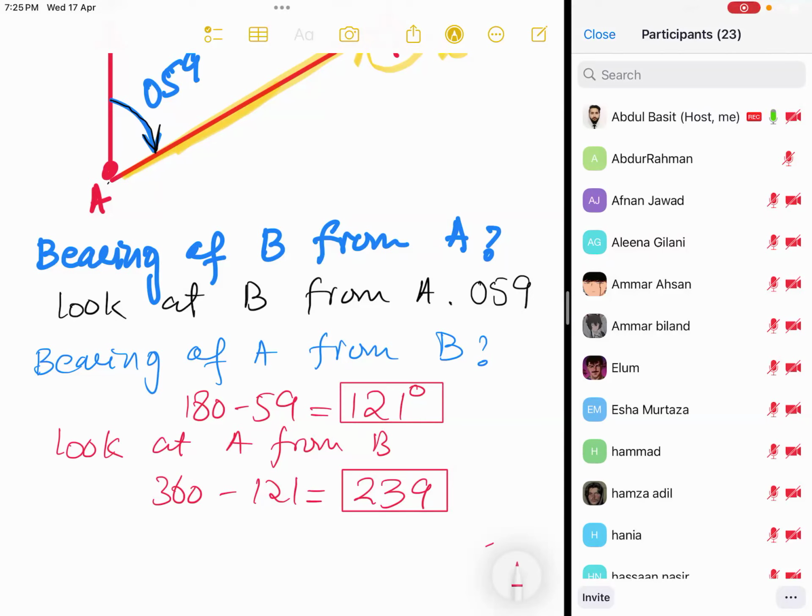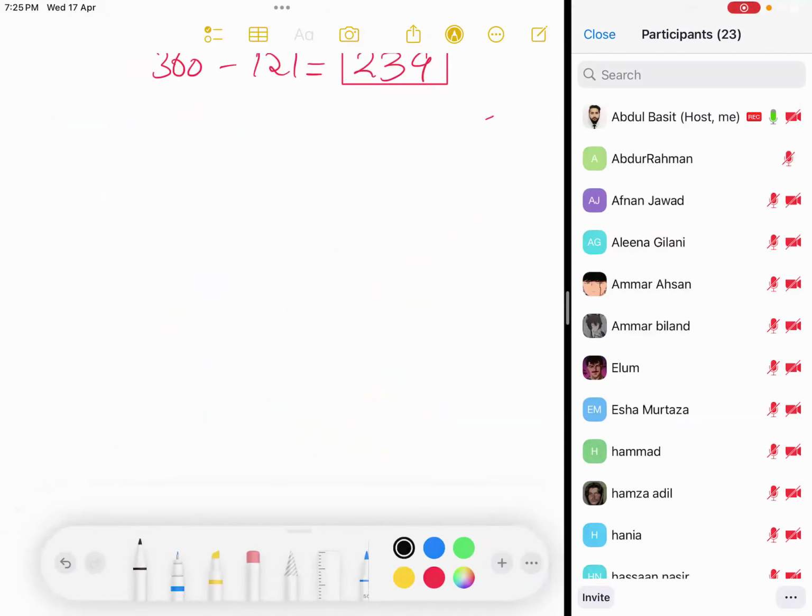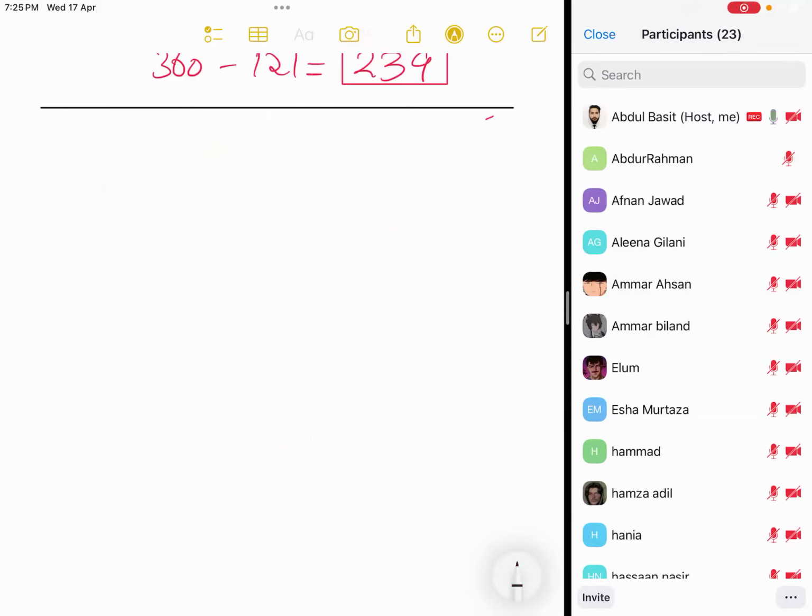Got it? एक और ट्राई कराता हूँ, जरा गौर करें. For example, this is point A, that is point B. Let me connect it. Okay, point A, B. North, north.